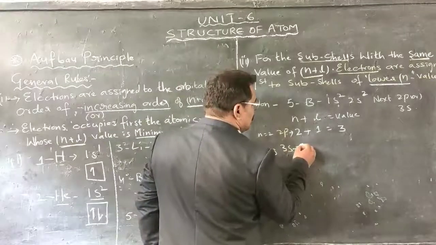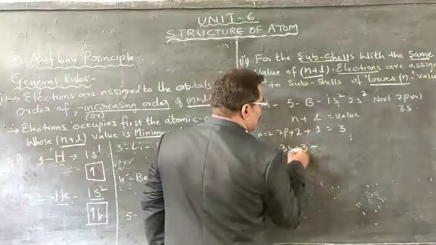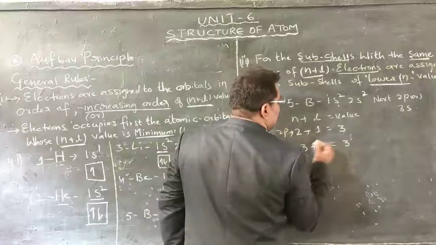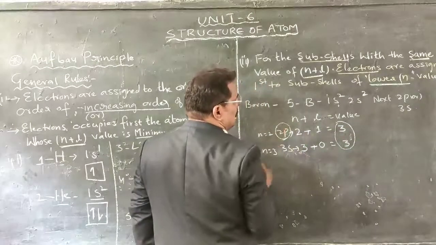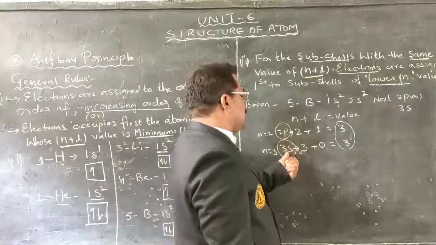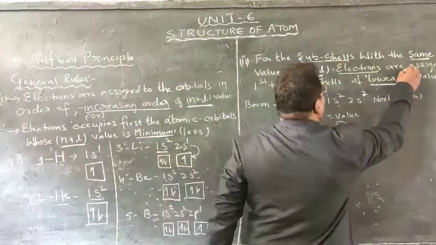Coming to 3s, it belongs to the third shell, so n value is 3, and s orbital means l is equal to 0. Therefore, 3. So we have the same energy here: the 2p orbital has the same energy as the 3s orbital. If the same energy exists, then we check which has the lower n value.